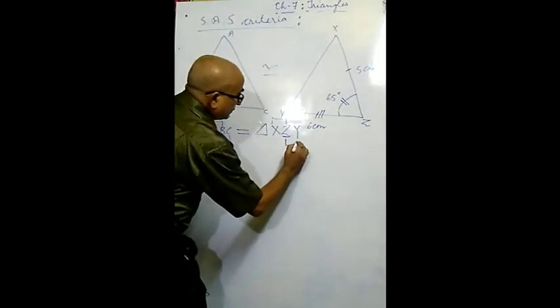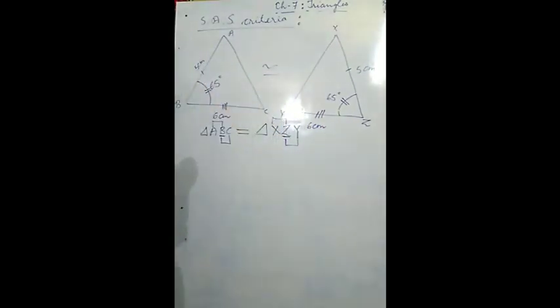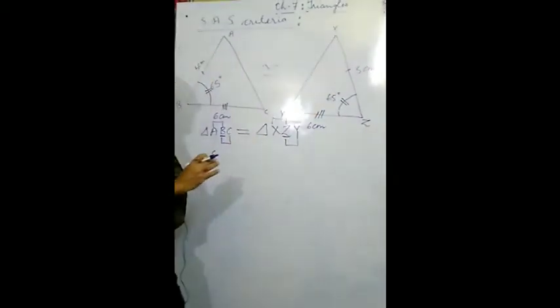The last two, ZY. If this type of combination is there, which part is matched at first? It is side. Side is matched first here.